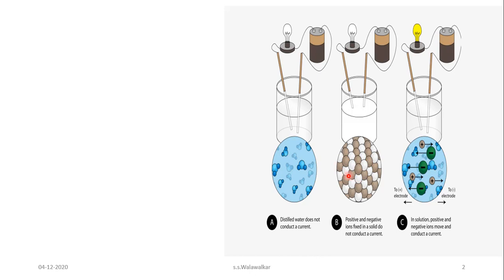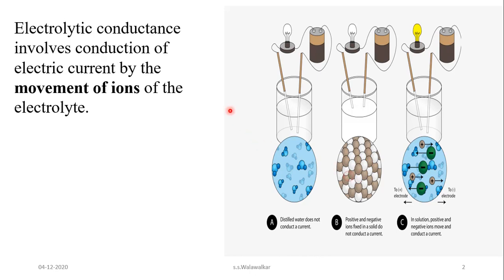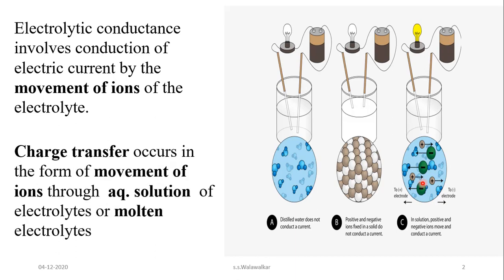That means what? Electrolytic conductance involves conduction of electric current. How? By the movement of the positive or negative ions of the electrolyte. That means charge transfer occurs in the form of movement of ions through an aqueous solution of electrolyte or a molten electrolyte.